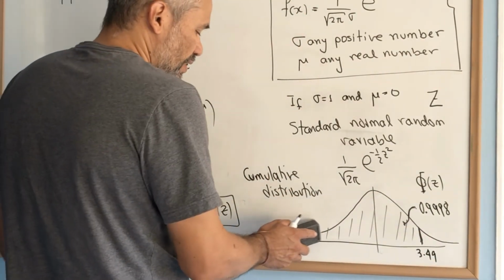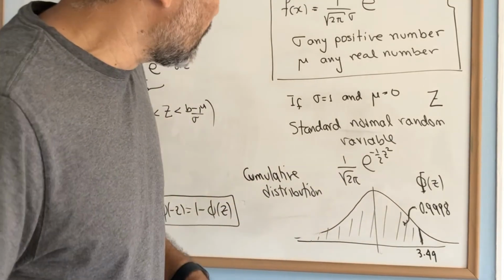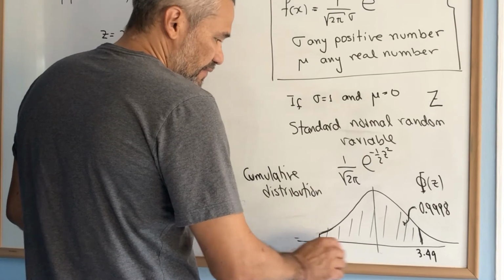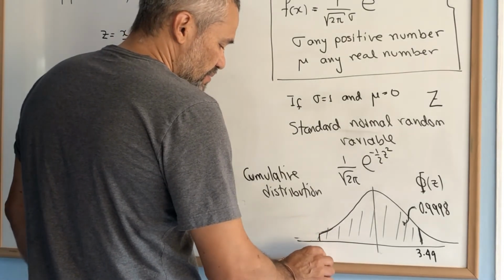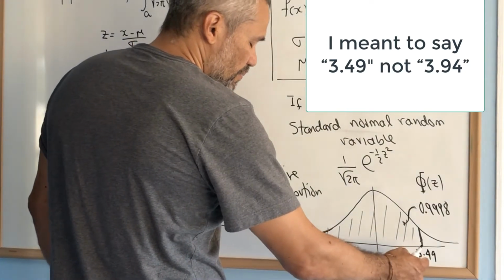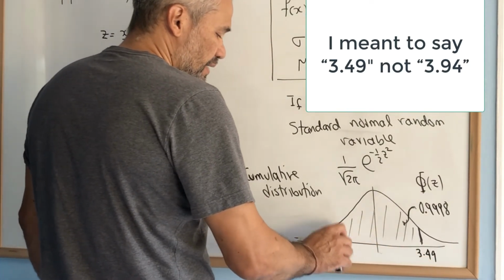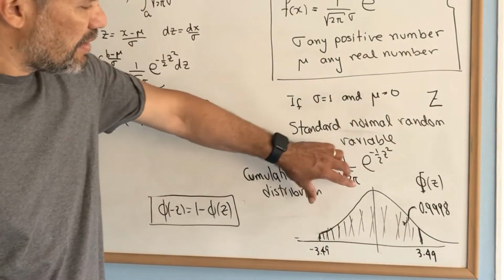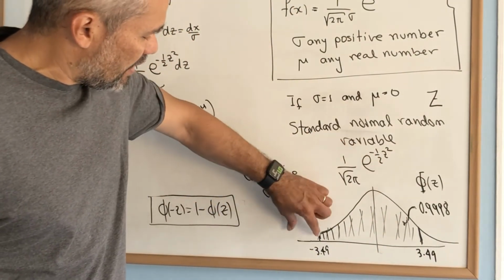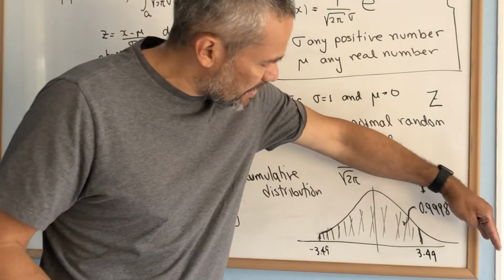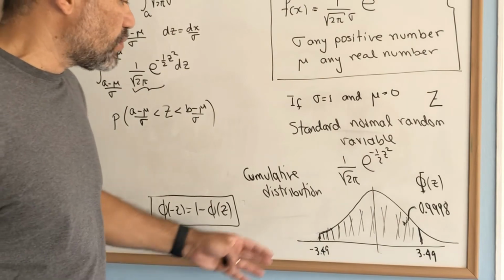And therefore, if we are approximating up to 3 significant digits, we can assume that everything interesting happens between negative 3.94 and 3.94. This whole area is almost 1 if we're approximating with 3 significant digits, and any other area that is smaller than this or bigger than that, we can round to 0.